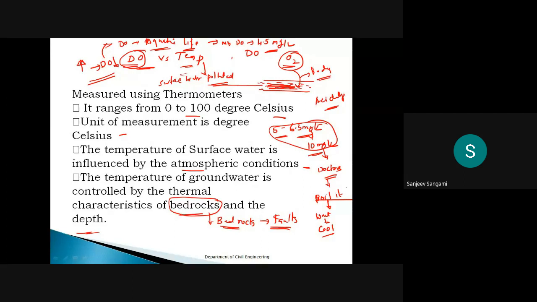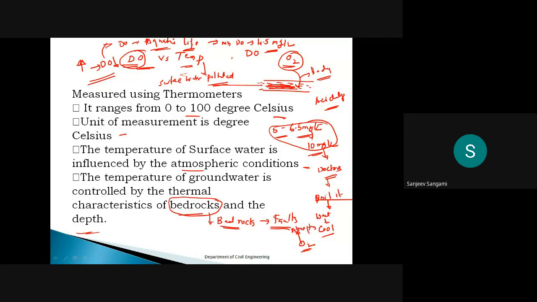So what the doctors recommend is that you boil it, let it cool, and then drink it. During the boiling process, whatever oxygen is present in water will definitely return to the atmosphere.